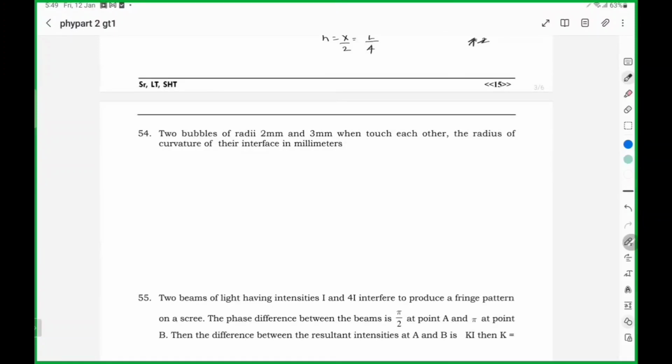So here, when two bubbles of radii 2 meters and 3 meters touch each other, in this process one presses the other.